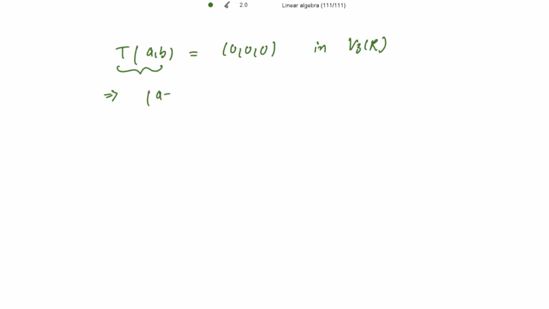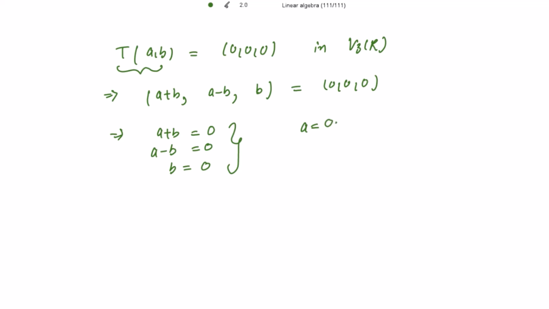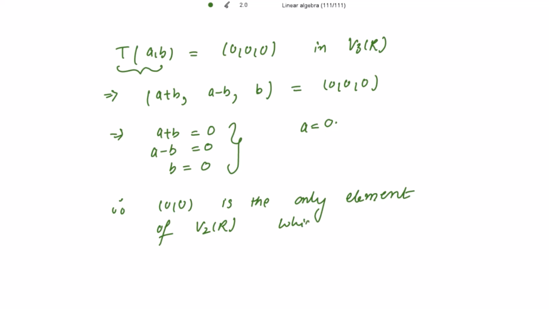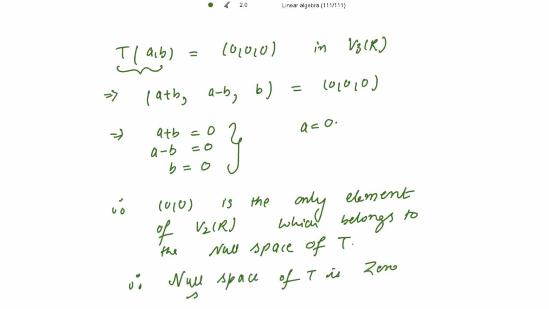It is (a plus b, a minus b, b), and that is equal to (0, 0, 0), the zero vector. From here we get a plus b to be 0, a minus b to be 0, and b itself is 0. So that implies a is also 0, right? So therefore (0, 0), the zero vector in V2(R), is the only element of V2(R) that belongs to the null space of T. So therefore the null space of T is the zero subspace of V2(R).